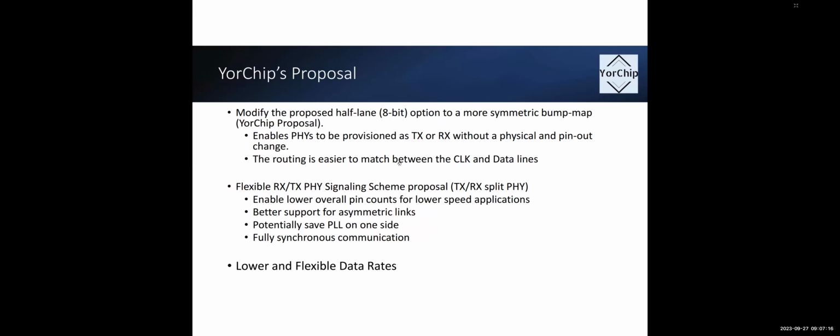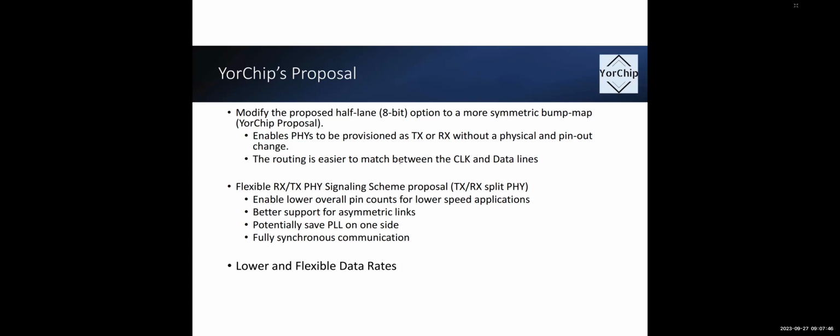Last time we proposed the half lane, proposed the clock to be in the middle, and I'll go over it. The flexible TX and RX by signal scheme proposal enables lower pin count for lower speed applications. If you have an asymmetric link, so your TX and RX bandwidth are not the same, you can take advantage of it by assigning more pins to the TX versus RX or vice versa.